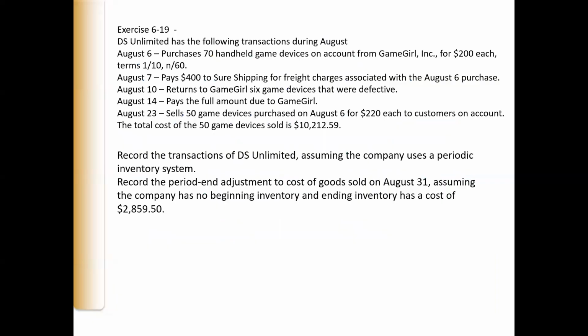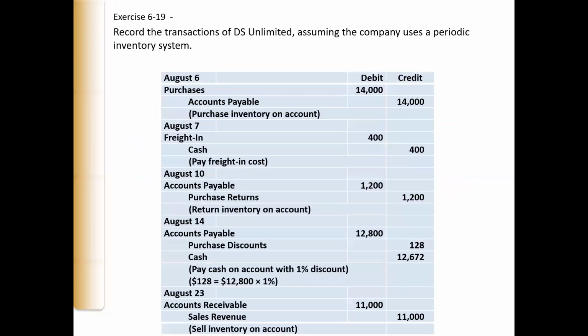Now, here's our last exercise. We're using that same company again, the same transactions, but we're going to do this using the periodic system. When we make purchases, guys, we debit our purchases and credit our payable. When we have freight, we debit freight in and credit cash.